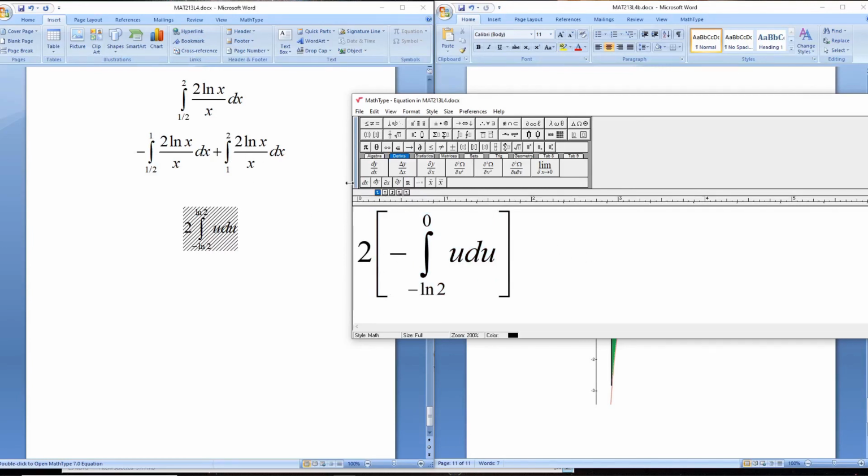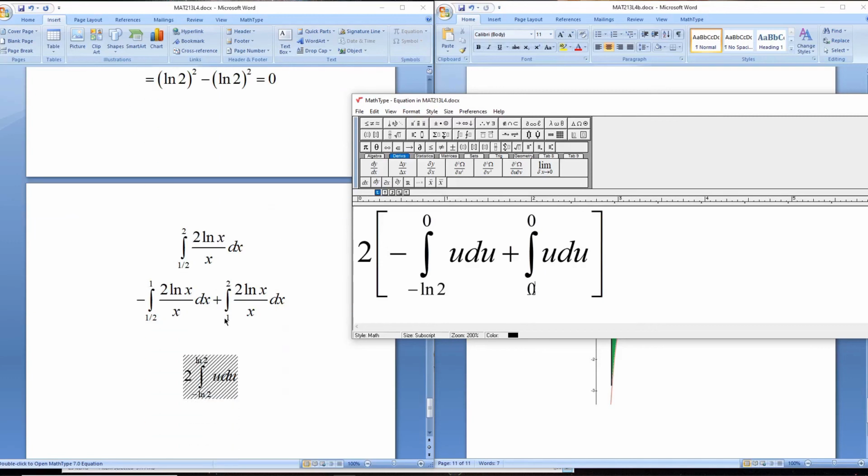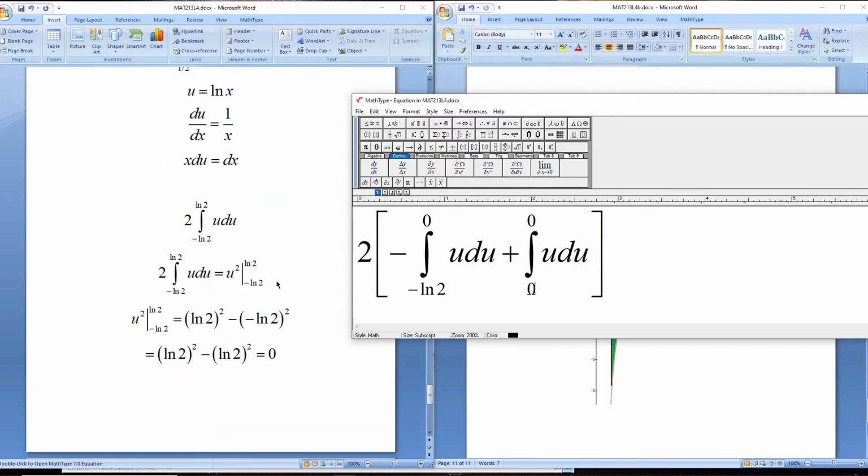And now we'll go to the second integral. And the second one is going from 0. And we're going from, in terms of x, we're going from 1 to 2. 1 to 2 for x.